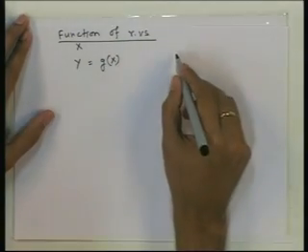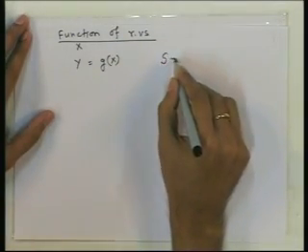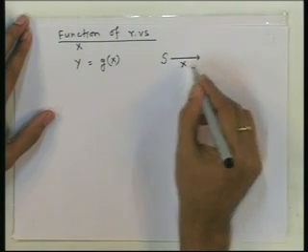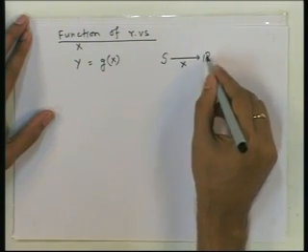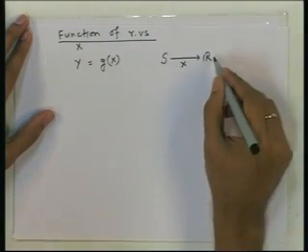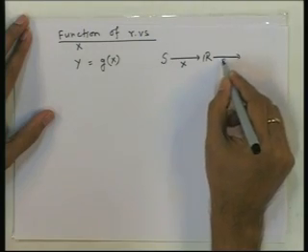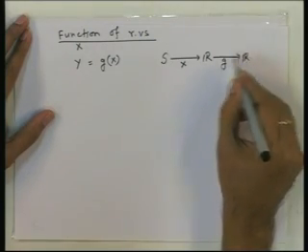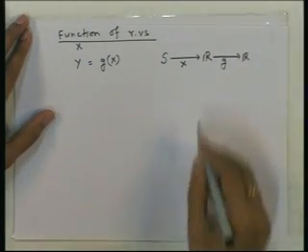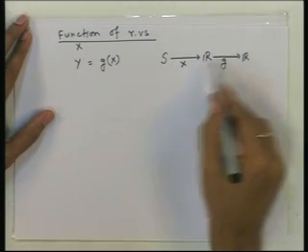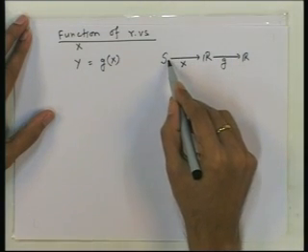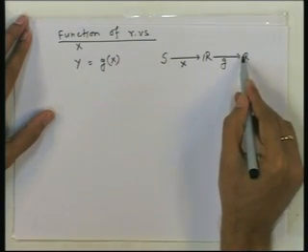So, basically we have the sample space, then the original random variable x is a function of s into r, the value is a real number. Then we take another function g which converts it to another real number. So, something here goes to here and then ultimately goes to here.